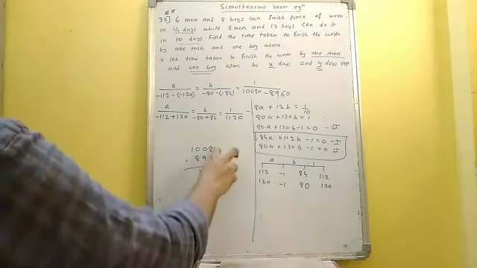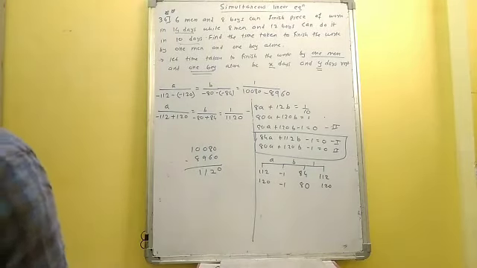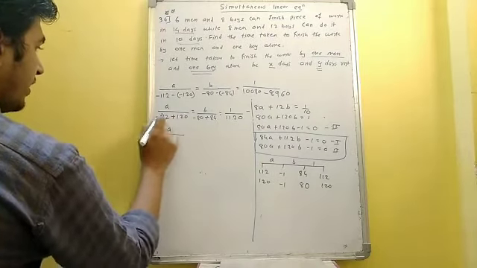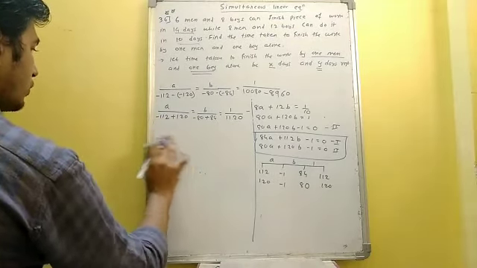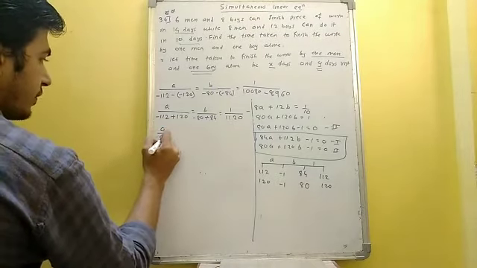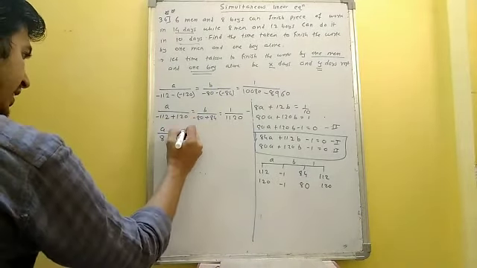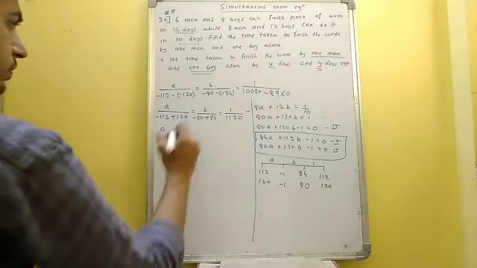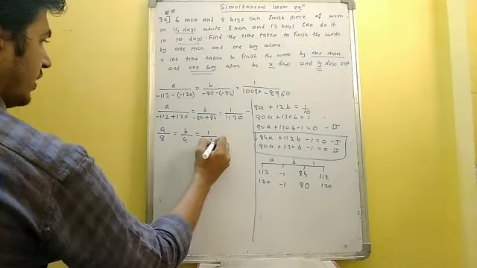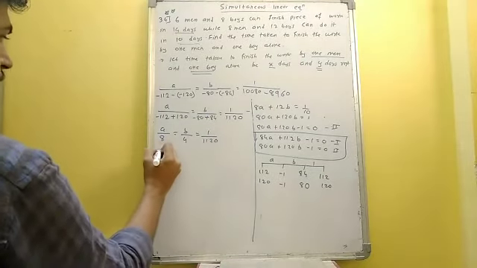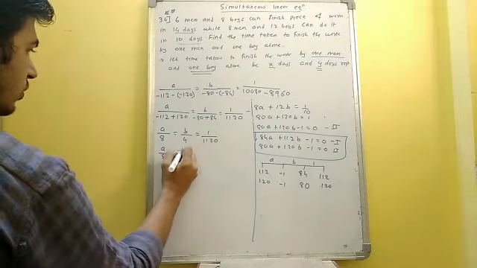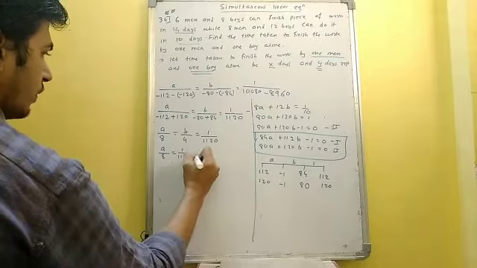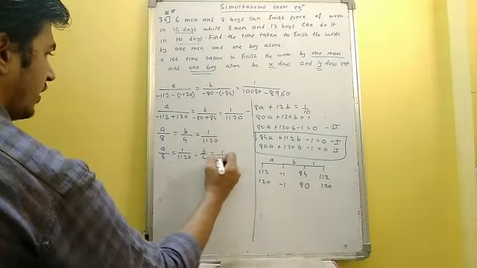Okay, 80 minus 60 is 20, 100 minus 89 is 11. So again, a upon 120 minus 112 is 8, so a upon 8 plus 84 minus 80, it is 4, is equal to 1 upon 1120. So a upon 8 is equal to 1 upon 1120, b upon 4 is equal to 1 upon 1120.